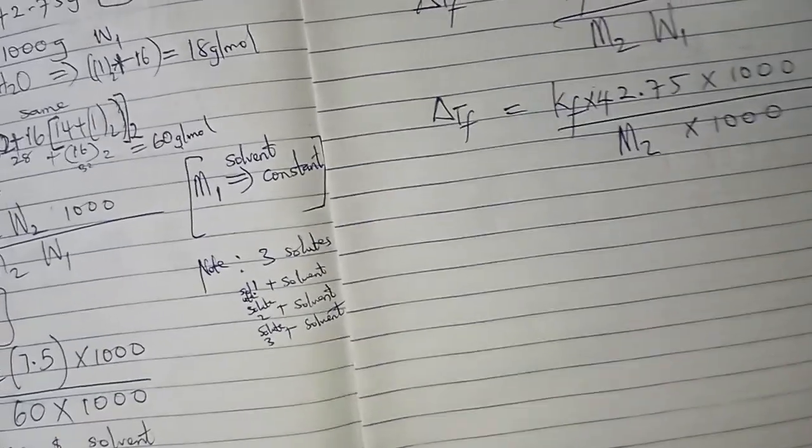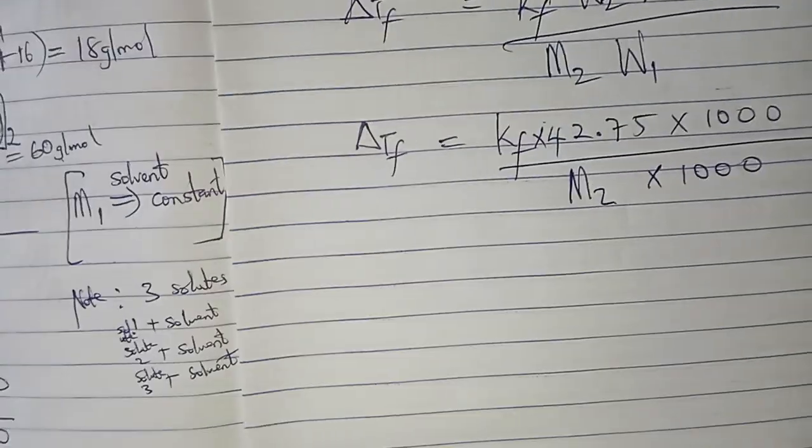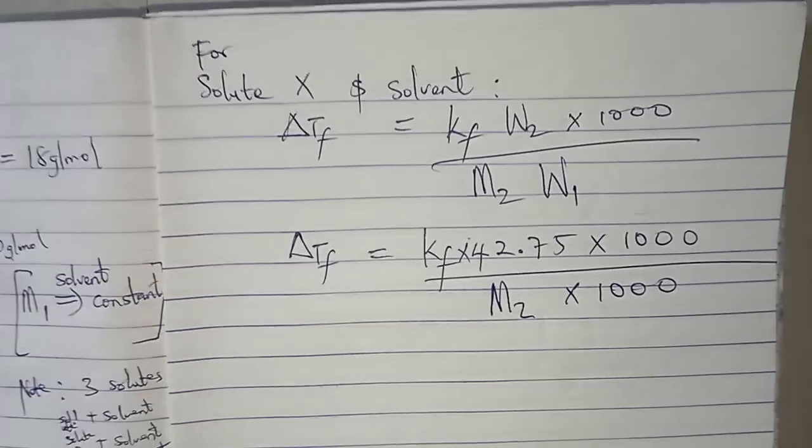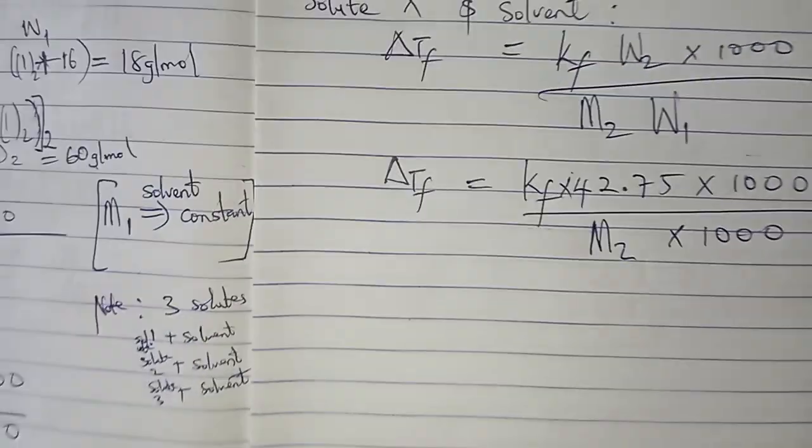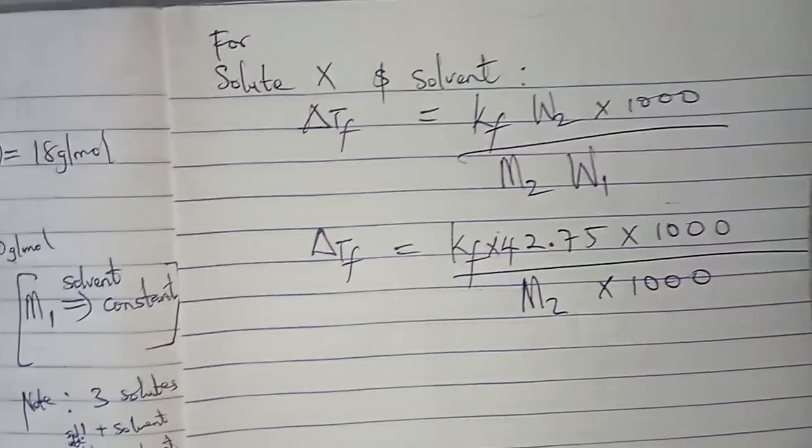If they give you many solutes to solve for, by the time you finish solving, that's why I didn't bother putting Kf. Sometimes when you're solving a question, you already know how it goes.